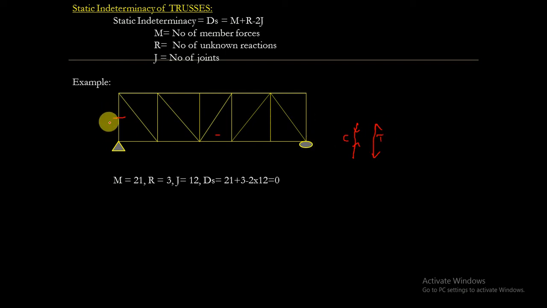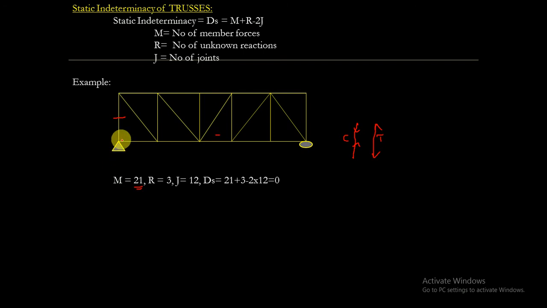In each member there will be one unknown member force, either tension or compression. There are a total of 21 member forces present. 21 members are there, therefore 21 unknown member forces will be there.